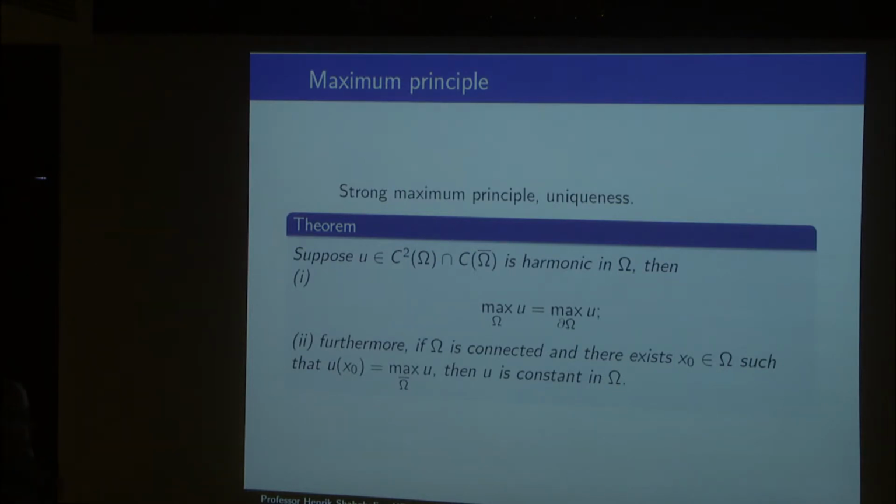Then the result is the same as what we know for complex analytic functions. If omega is connected and there exists x naught belonging to omega such that u of x naught is the maximum of u, then u is constant. This is called the strong maximum principle. It normally says that the maximum is achieved on the boundary, but it also says more: if there is a point in the interior where it has a maximum, then it is constant everywhere.